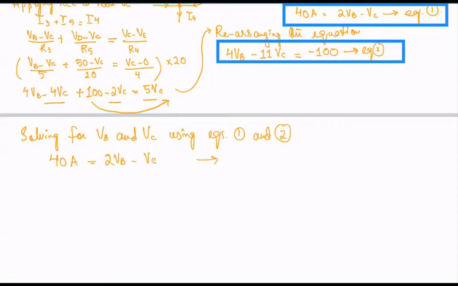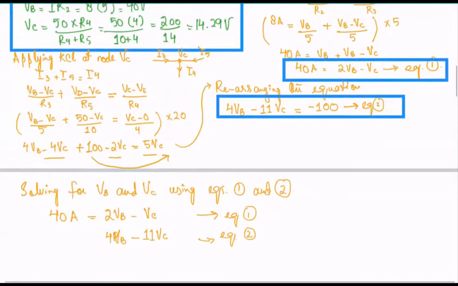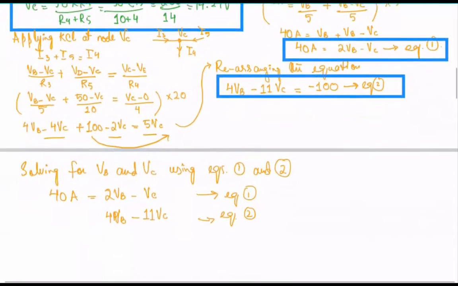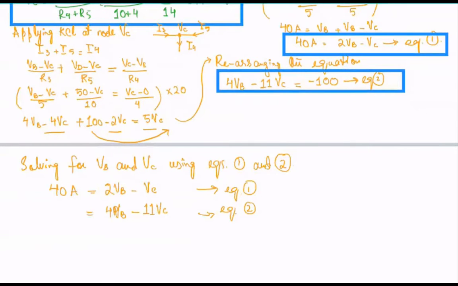So this was equation 1 here. And then equation 2 would be over here, which was 4VB minus 11VC, and this will get negative 100 over here.